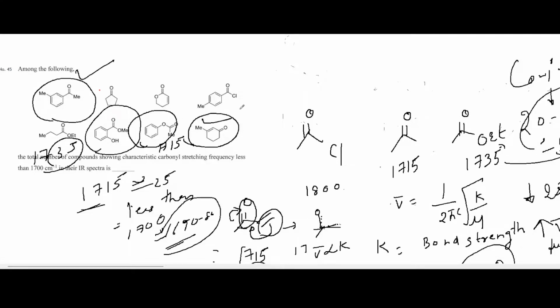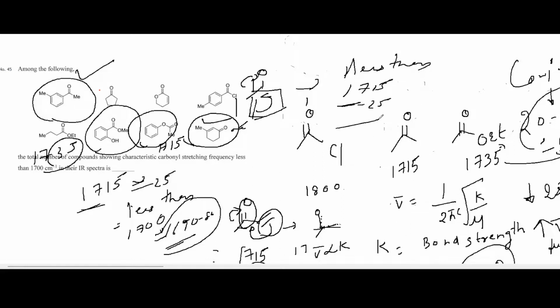When you come to this one, that is also a simple ketone. Due to resonance, this will have something less than 1715, minus 25 like that. So this is the second one.